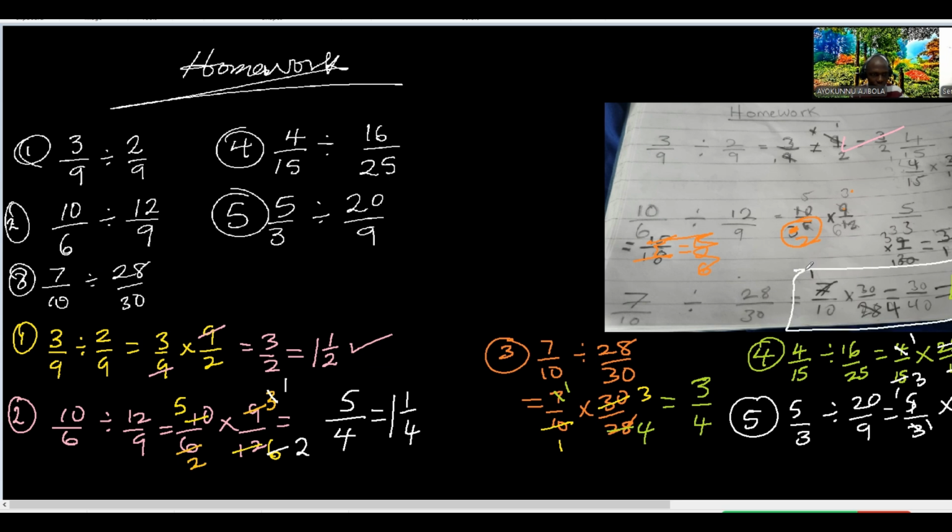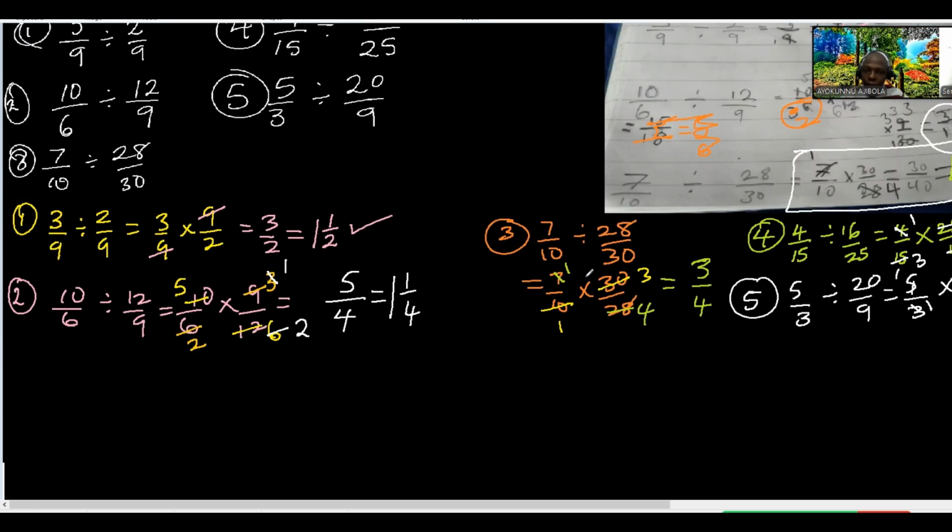There's no 5. 7 over 10 and 30 over 28 gives you this, and you got your 3 over 4. So where is the answer to number 5? Maybe you got 3 over 10, right? Okay. Anyway, put down the correction to this number 2 and number 5, okay?